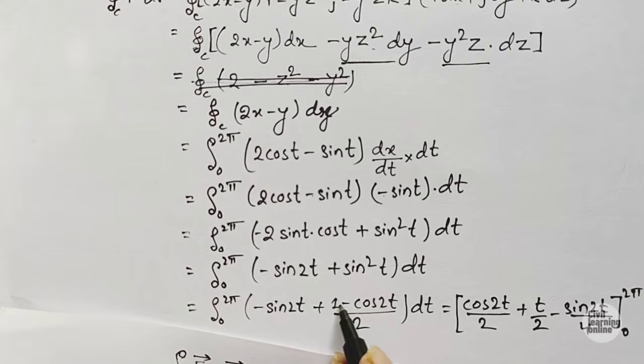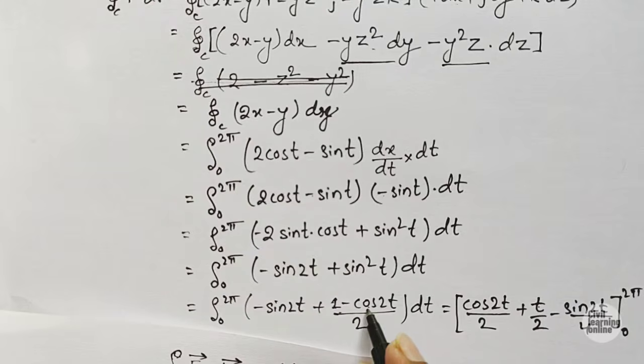Now see here we have 1, and integrating 1 with respect to t will be t. In the lower portion, this is a common base for both the terms, so 2 will be for this 1 also, and this cos 2t will also be divided by 2.